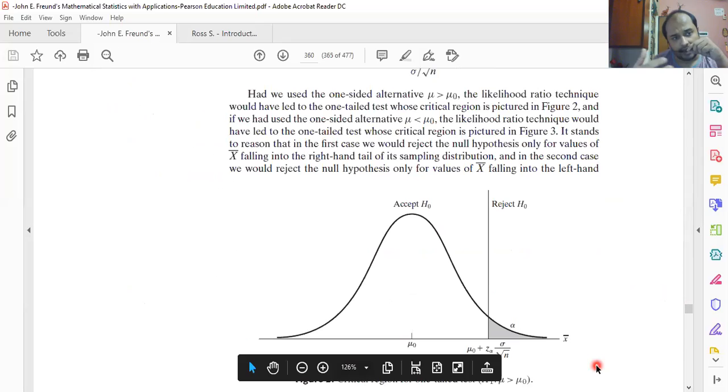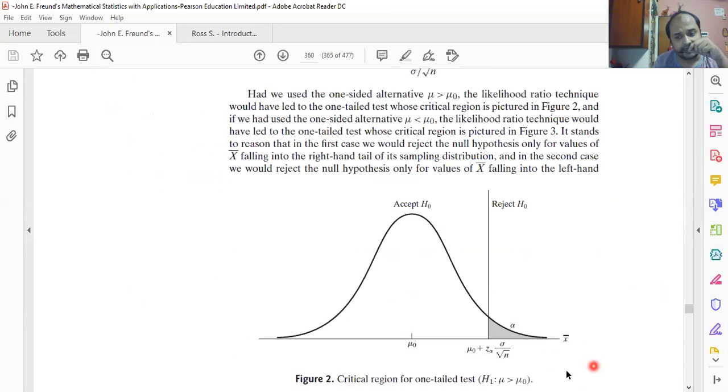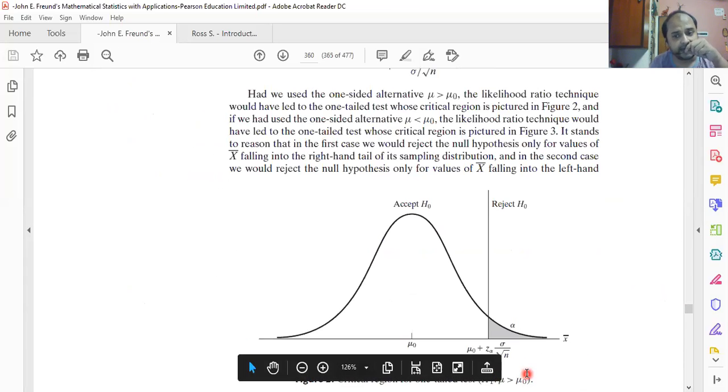So when the alternative hypothesis is one-sided and it contains the greater than side, we get a shaded portion on the right-hand side. Only this shaded portion is considered. So this portion becomes the 5% or 1%, and this white portion becomes your 95% or 99%. So we add them together, we get 100%. It's the total probability.